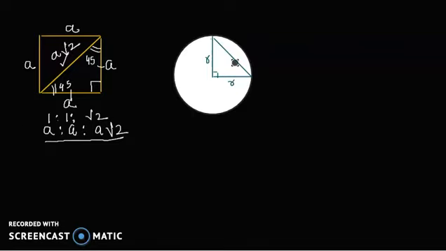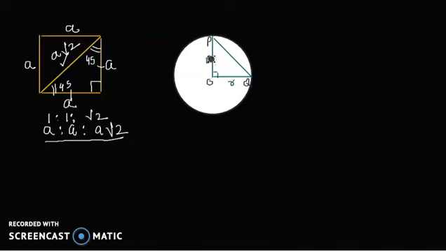Now the question could be asked in yet another way. They can give you a circle whose center is O, and then you have one radius like this, OP and OQ.